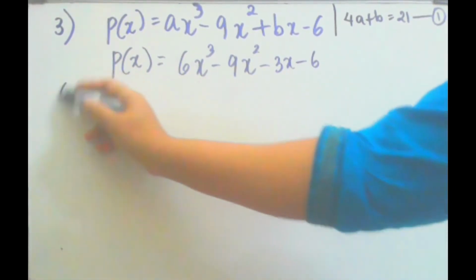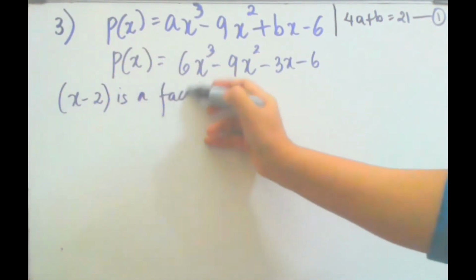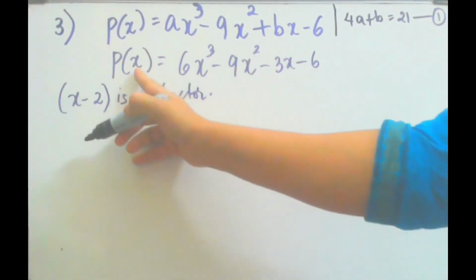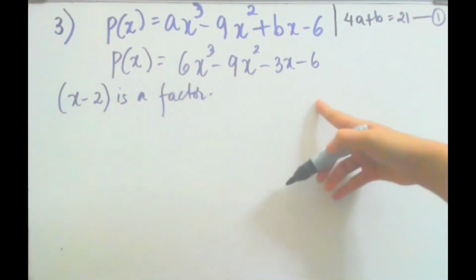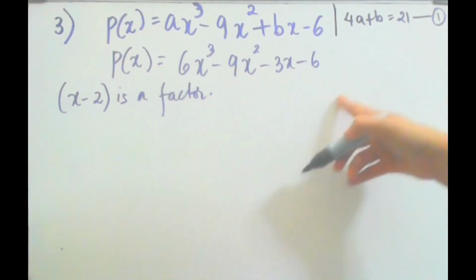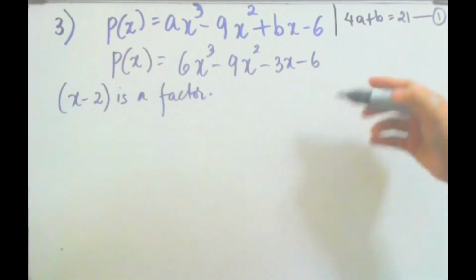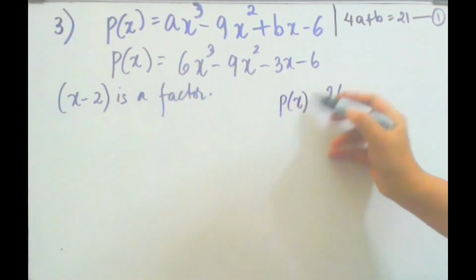Now it is given that x minus 2 is a factor. This means that when we divide the polynomial by x minus 2, we get a remainder of 0, and the quotient will be another factor. It is like, for example, the number is 24. Let's say p of x is 24.